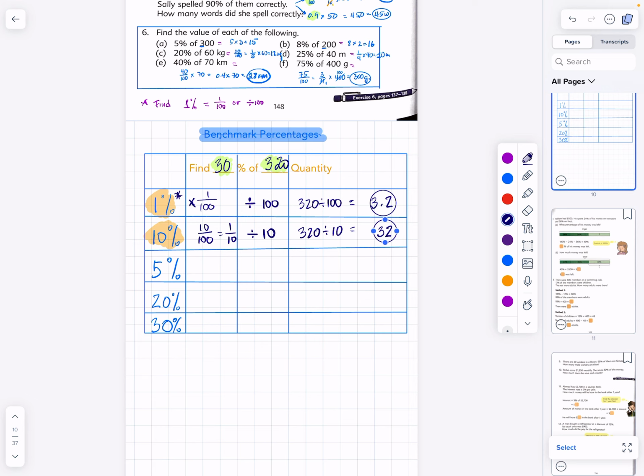Now, this is what I call easy benchmarks, okay? It's so easy to find 1%, 10%. That's why I call them benchmarks. How would we find 20%? Well, we would first find 10% and then multiply times 2, right? So we can say it's 32 times 2, which becomes 64.